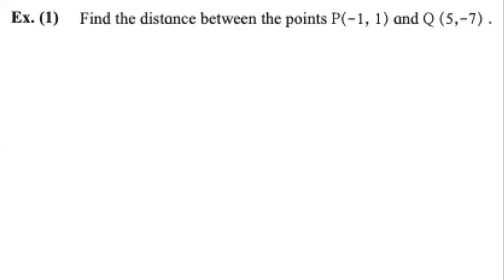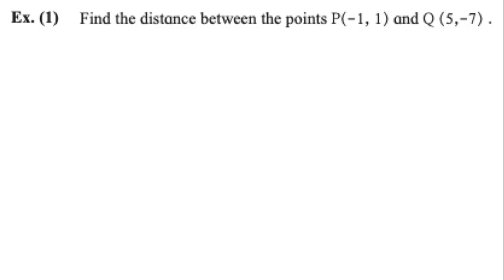Answer this question in your notebooks. It's very simple. Find the distance between points P minus 1, 1 and Q 5, minus 7. Write the complete answer properly in your notebook. Take a picture, send it to me on WhatsApp.